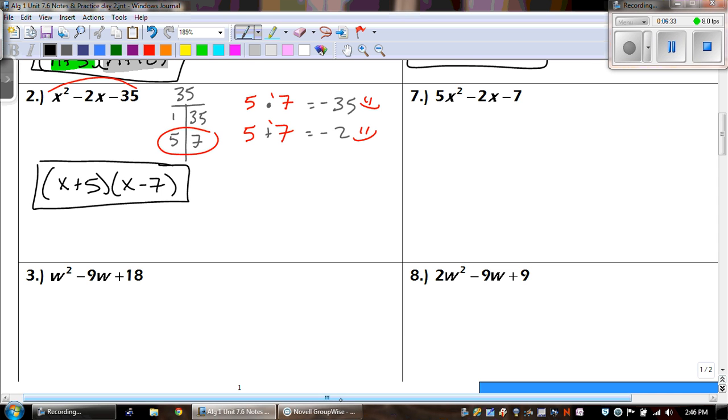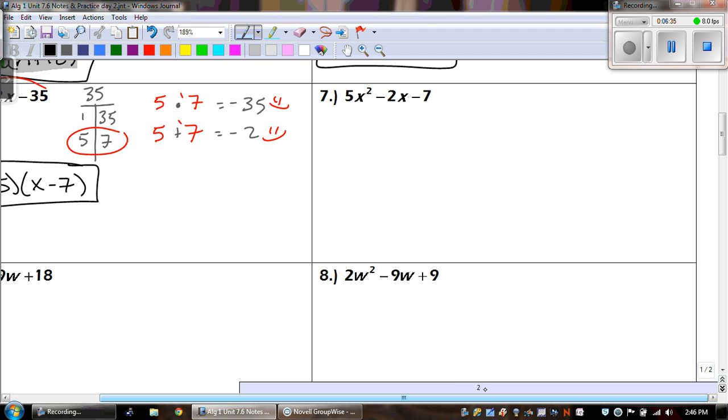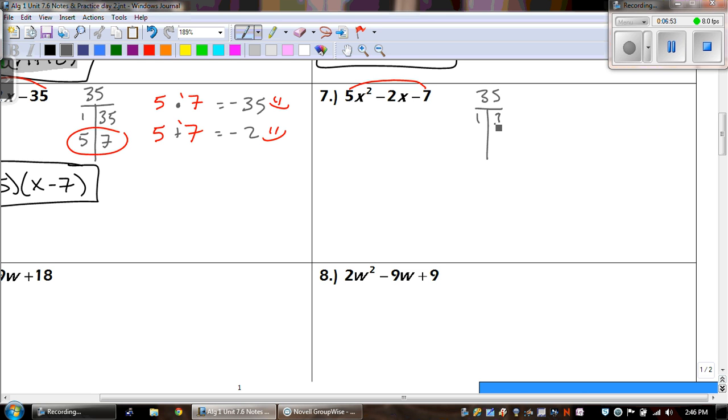Okay, let's look at number 7. What's our leading coefficient? 5. So the shortcut will not work. Let's multiply, and once again we get 35. We just did the factors, 1 and 35, 5 and 7. So numbers that multiply to get to a negative 35 and add to get to a negative 2.